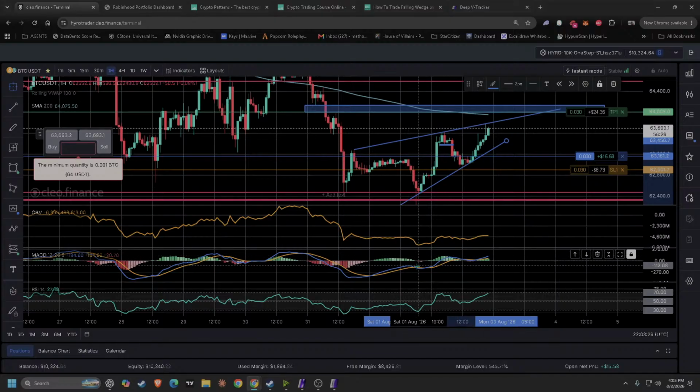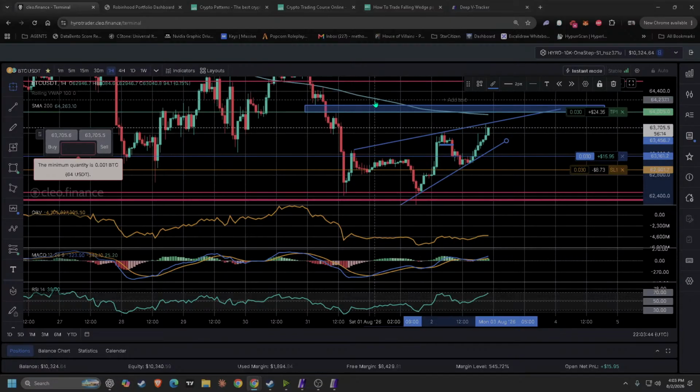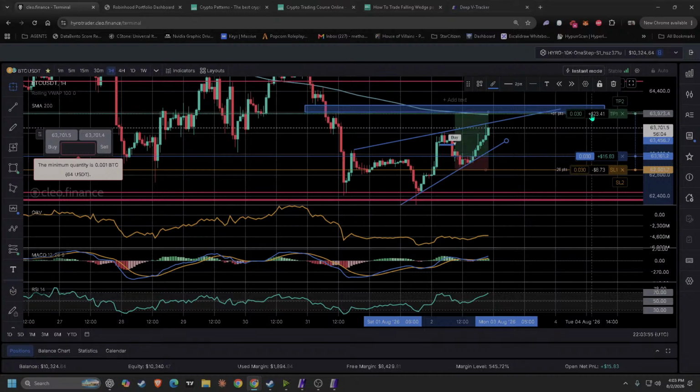Even RSI divergence or MACD, everything's trending up. And the chart pattern says the same thing. And then we have a really important 200 moving average up here that we should hit. I should probably put it right on the 200, because we might get a big snapback right there.